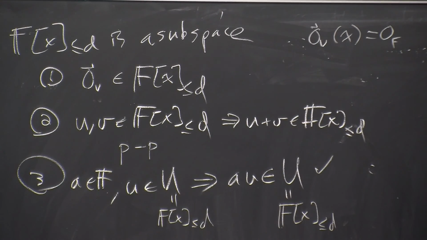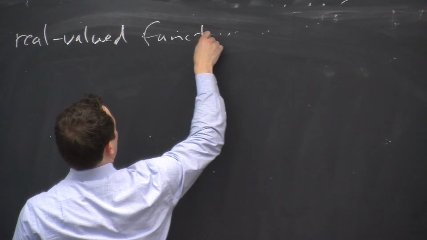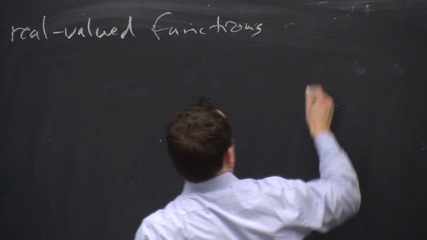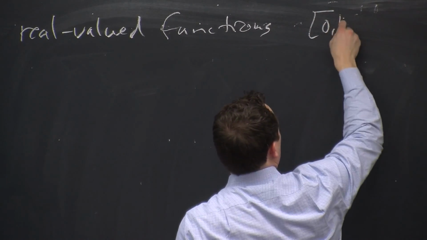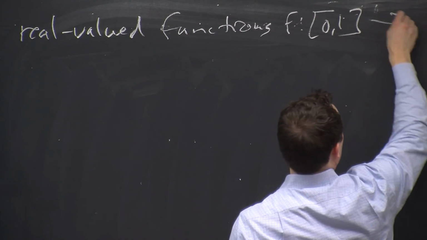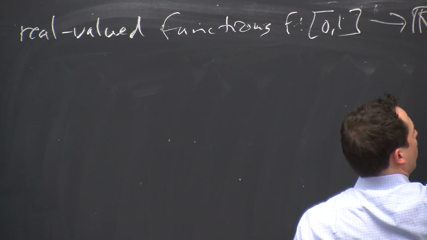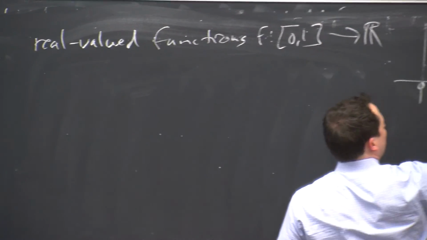OK, so we spent some time on this example of real valued functions, functions from the interval [0,1] to R. Have a picture like here's 0, here's 1, and here's my function. It doesn't have to be continuous.